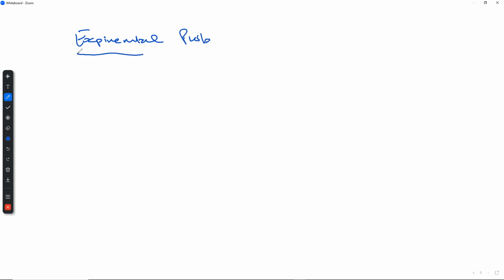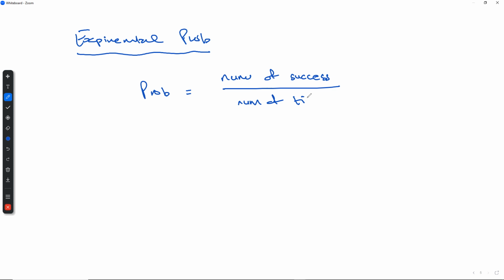Let's look at the next part now. Experimental probability. What is experimental probability? Well, probabilities can be calculated experimentally when you have a certain number of trials or events. And so when you calculate the probability, it's equal to the total number of successes divided by the total number of trials.